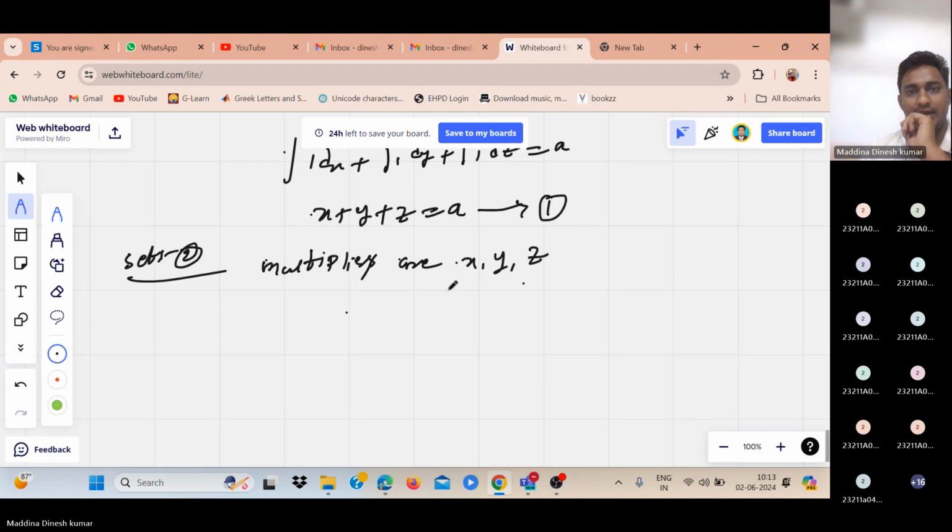Now x y z, so definitely here LP plus MQ plus NR needs to be equal to 0.